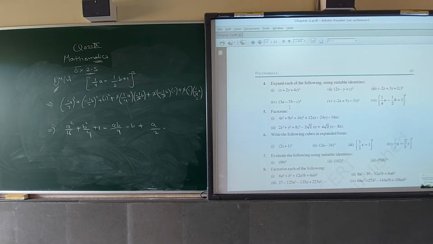Now fifth question. Opposite of question number 4 is the fifth question. We have to form the formula.